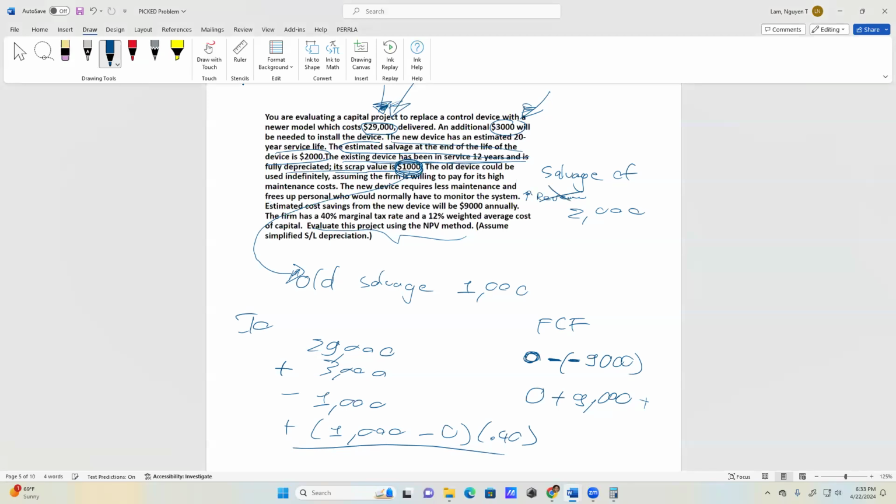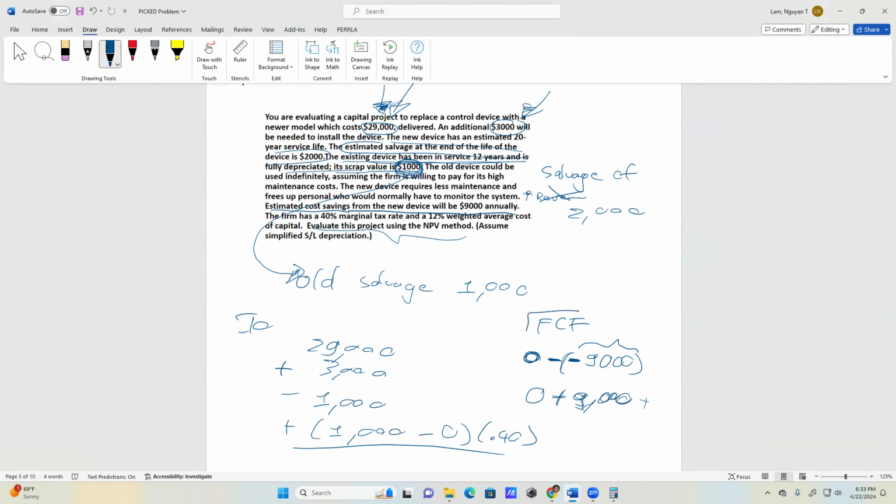So probably it's not in there. However, it's talking about estimated cost saving, which means the operating expense is less expensive. When it's less expensive, it is a negative. And when you multiply a negative with a negative, that is a positive 9,000.